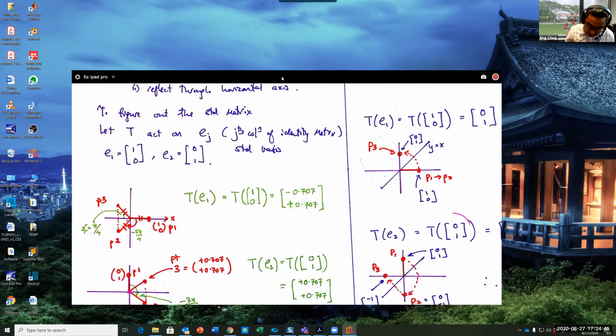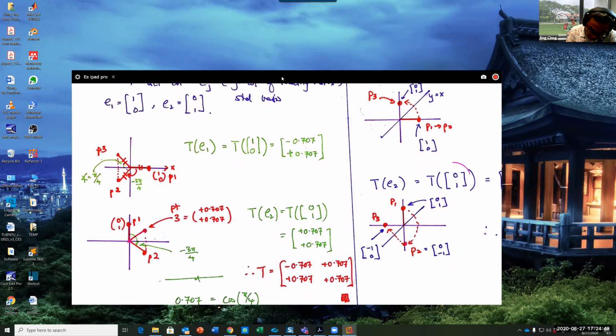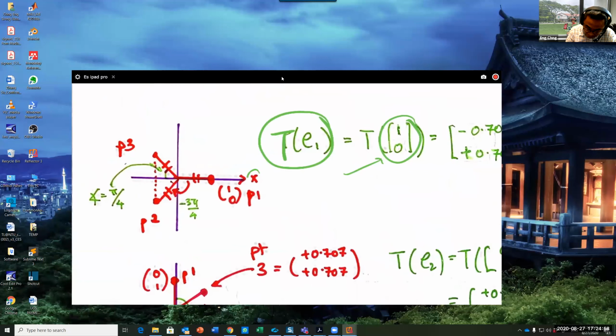So we are asked to rotate. First, let's perform transformation on E1. E1 is 1, 0. So I draw X and I draw Y and I find my point 1, 0. I am told to rotate by 135 degrees, so I go here, I'm at point 2. I'm told to reflect across the x-axis, I'm at point 3.